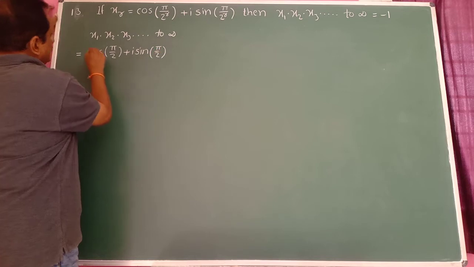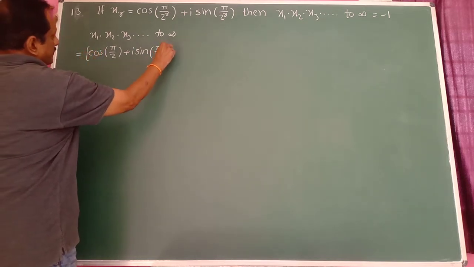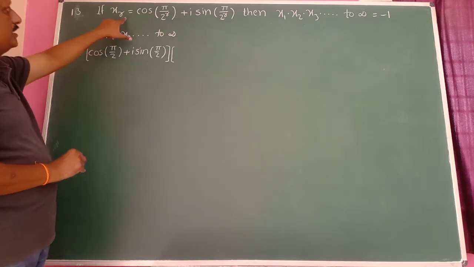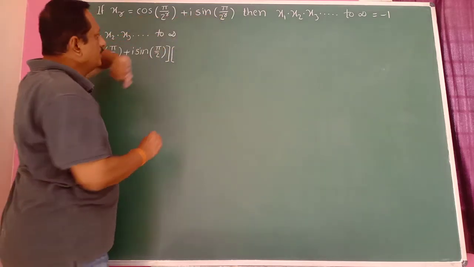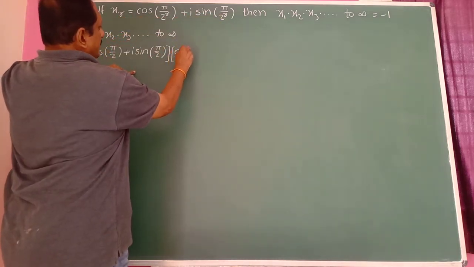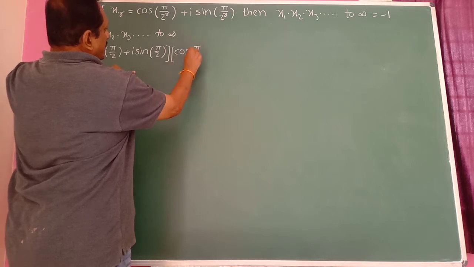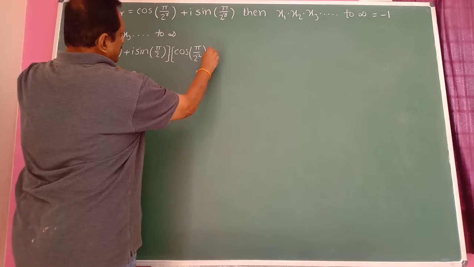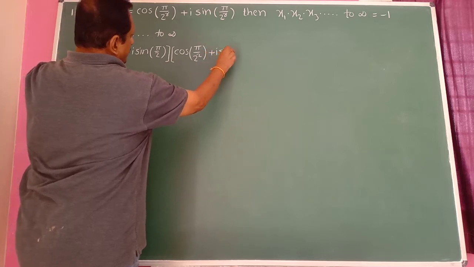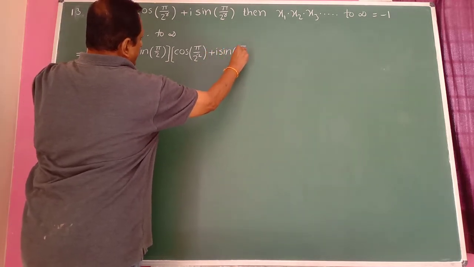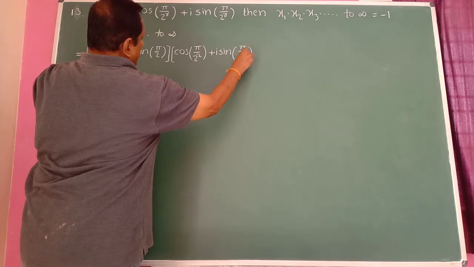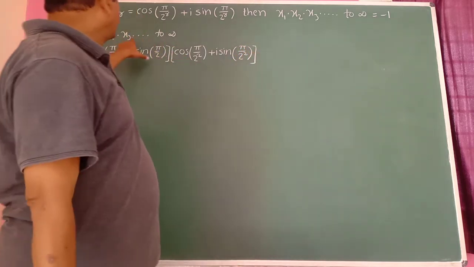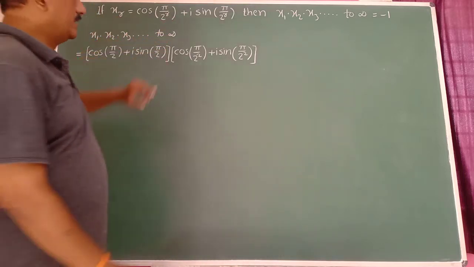So this is x1 here. Then into x2 means put r is equal to 2. Therefore cos of pi divided by 2 square plus i into sin of pi divided by 2 square here. Bracket complete. Then x3 means put r is equal to 3.